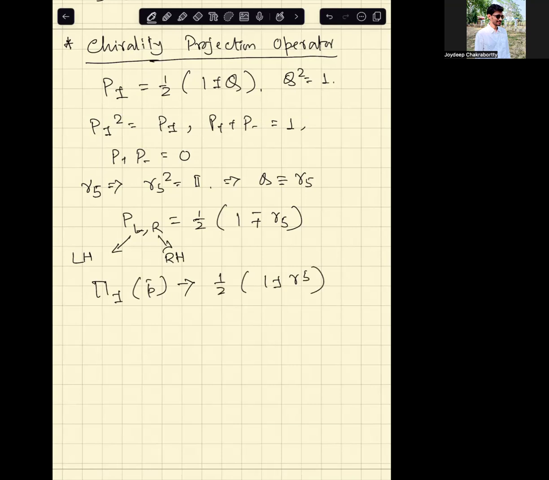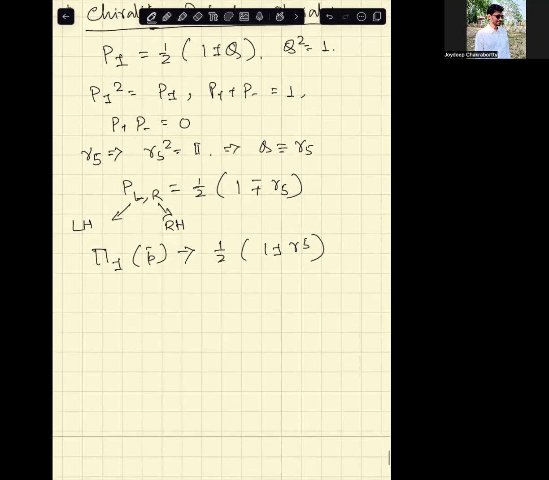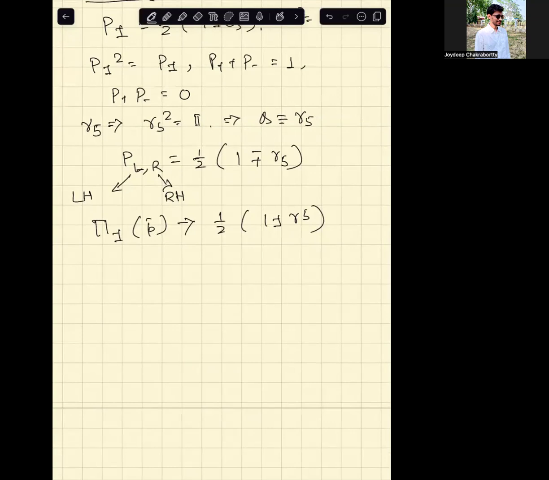But for the massive case, you do not have a good helicity operator because it depends on reference frame. But you can certainly define the chiral operator. And that's why for the massive fermion case, we'll work with the chiral projection. Now you see, this chiral projection operator we can define only when gamma five is not part of the Clifford algebra. And that is when we are working in even dimension, right?